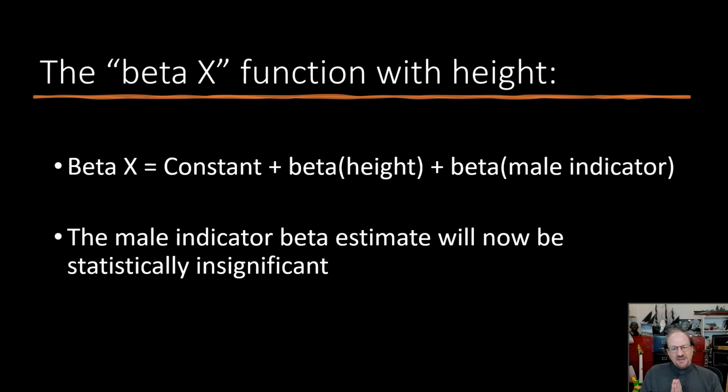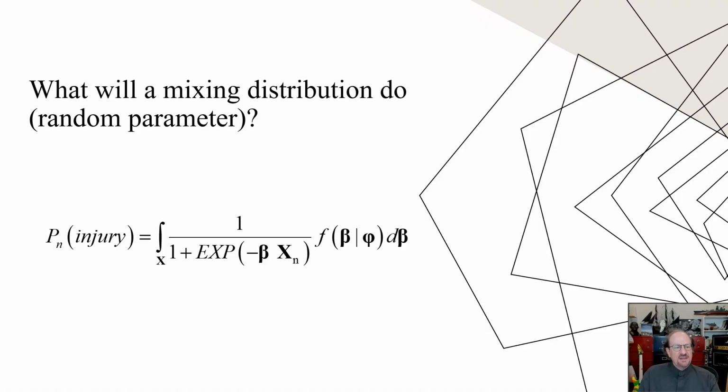So the beta x function, if we added height to this model, would now have a constant term, some beta that we're estimating that would be multiplied by height, and then the beta by the male indicator, what we had before. If we run this model, the male indicator beta estimate should now be statistically insignificant because really it's height that's been causing these head injuries.